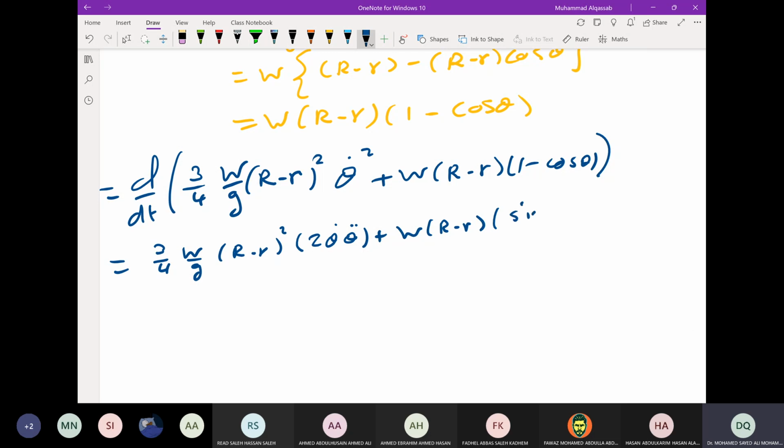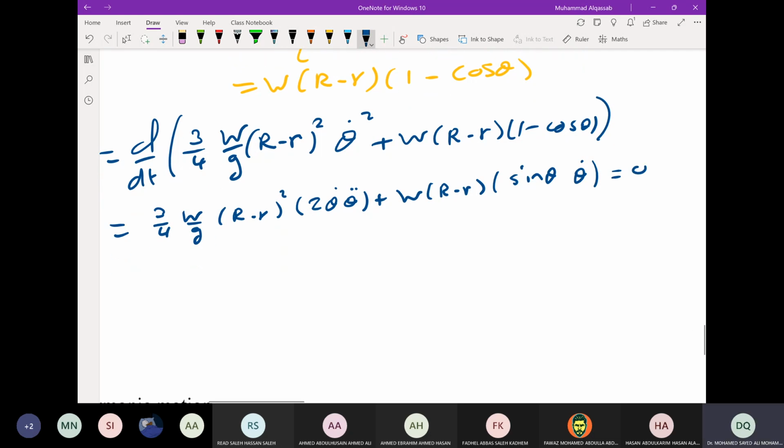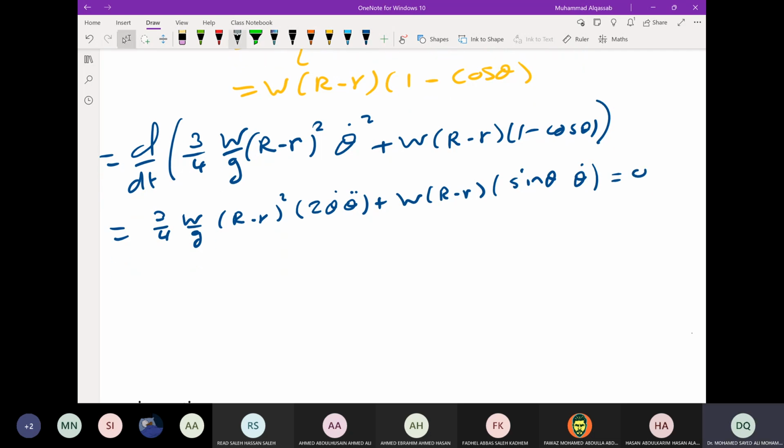So this is sine theta times theta dot, equal to 0. We can simplify. There is a 2 here, we'll cancel, and this 4 becomes 2. And you can take theta dot common. You can divide by W, because this is not 0, and then multiply by g throughout, or just keep it as it is.